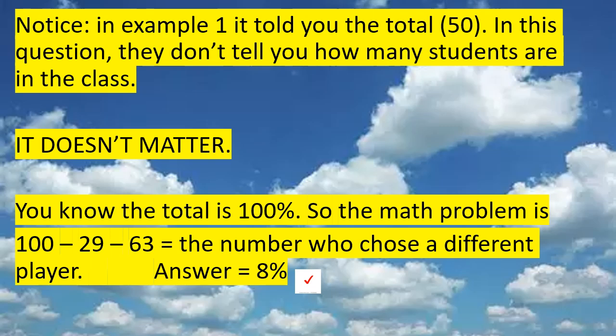In this question, they don't tell you how many students are in the class. And the good news is it doesn't matter. You know the total is 100%. So the math problem is 100 minus 29% who like Ronaldo minus 63% who like Messi. And the result, the number who chose a different player, is 8%. And that's the answer.